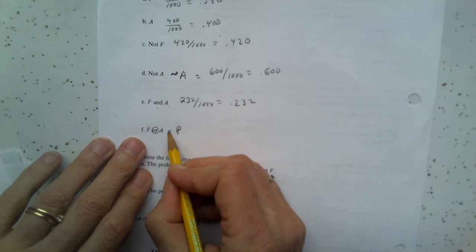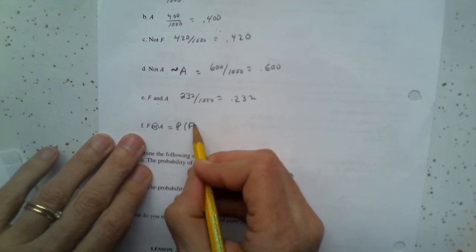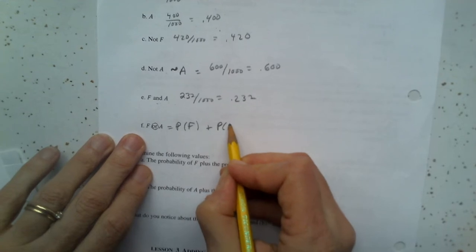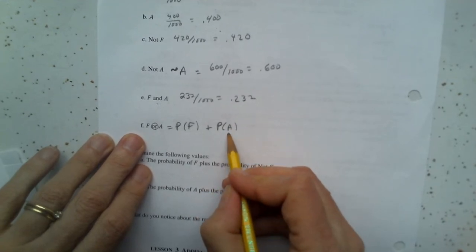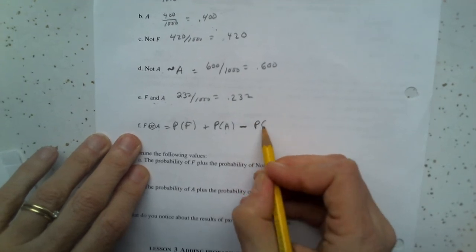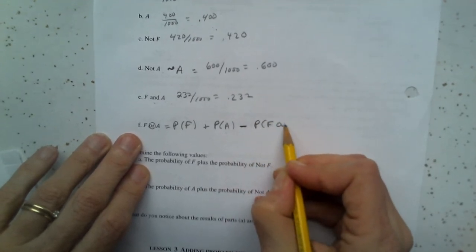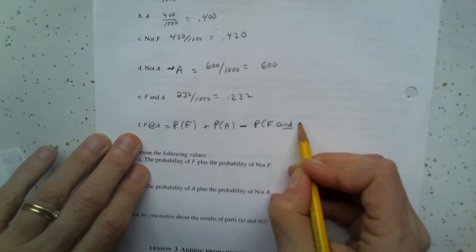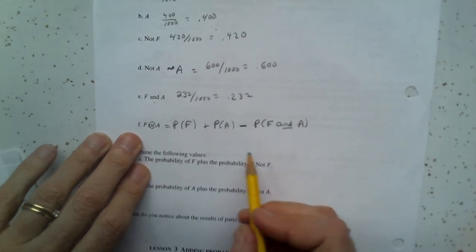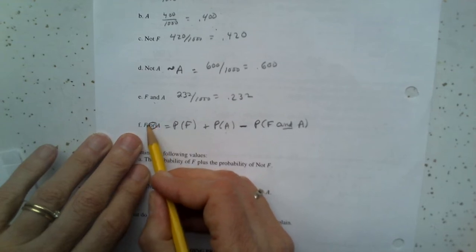The probability of or is the probability of the female, plus the probability of an after-school sports program, and then you have to subtract out the probability of female and participating in the athletic. So make sure you know this formula for OR.